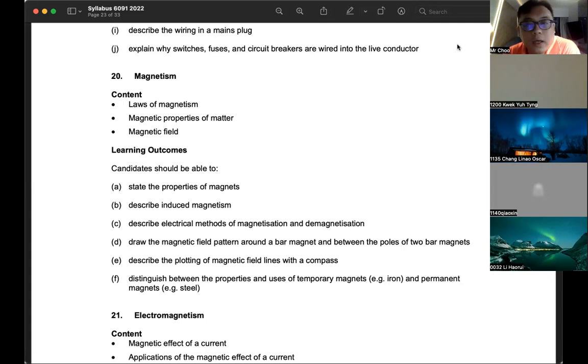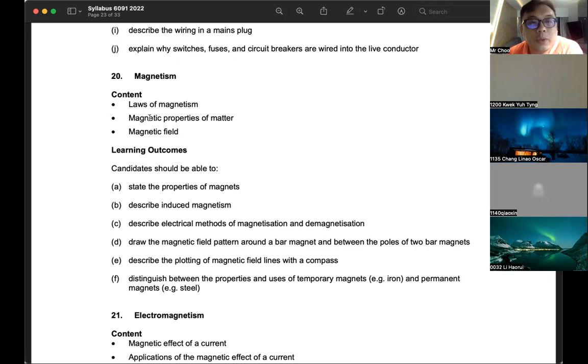Harry, well done. So for the laws of magnetism, most of you would already know: like poles repel and unlike poles attract. I will not write it down here, and I will just talk about it in a while.